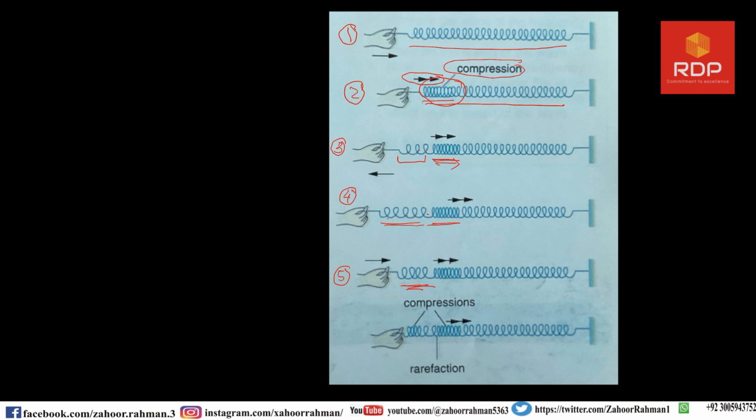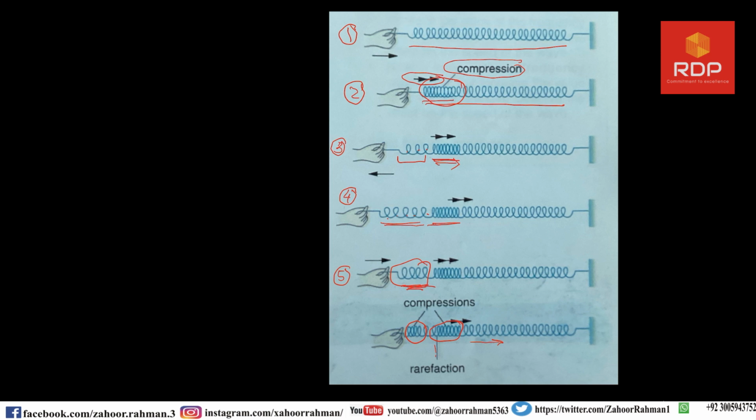And in this case, again when we are pressing, a second compression is produced, and this compression is moving in the forward direction. So here in the middle you can see that this rarefaction, this expansion, is also moving in the forward direction.